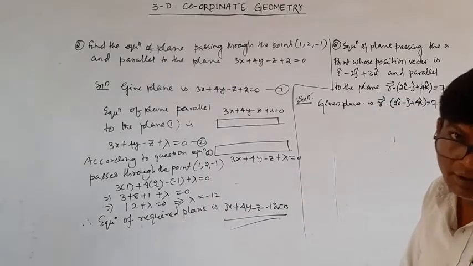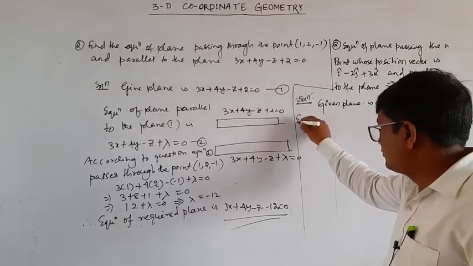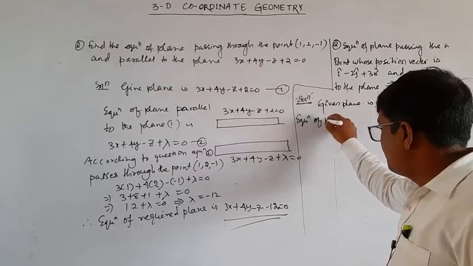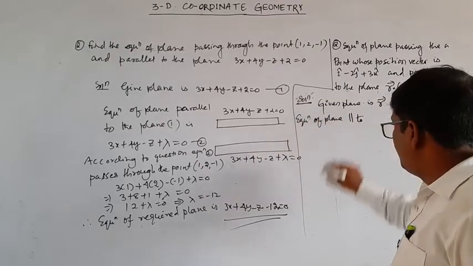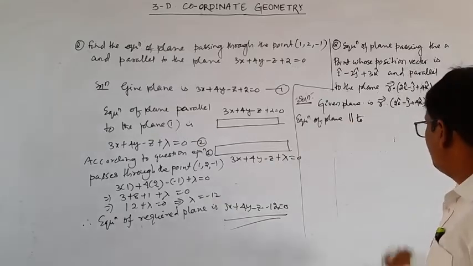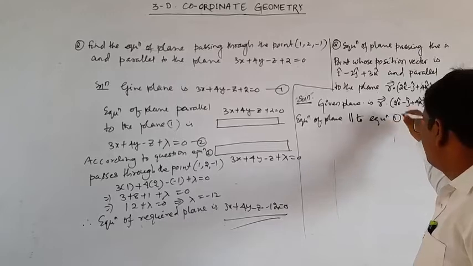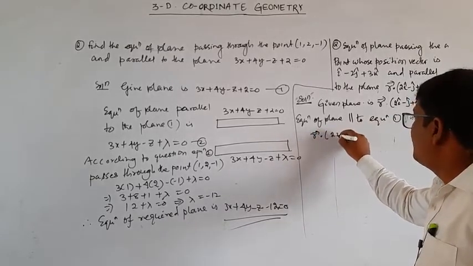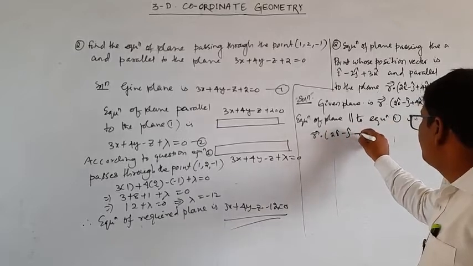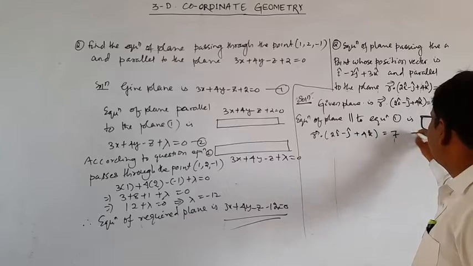Then the equation of the plane parallel to equation 1 is r dot (2i - j + 4k) = lambda. This is equation 2.